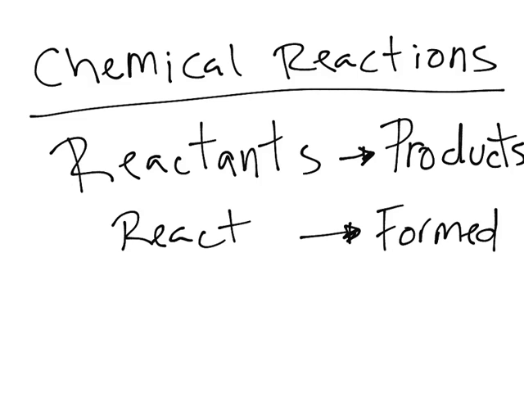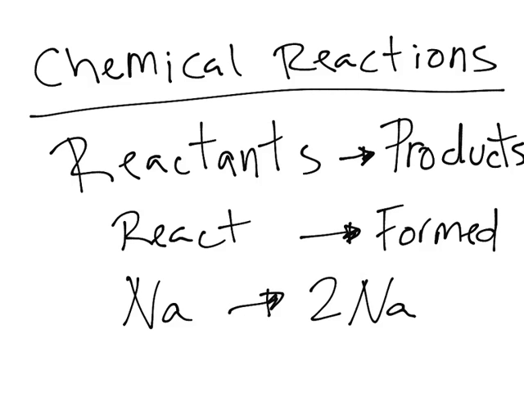Now, something very important you need to know about chemical reactions is that they have to be the same on both sides. You cannot have one sodium here and then two sodium here. It doesn't work like that because, as the law of conservation of mass states, matter is neither created nor destroyed.